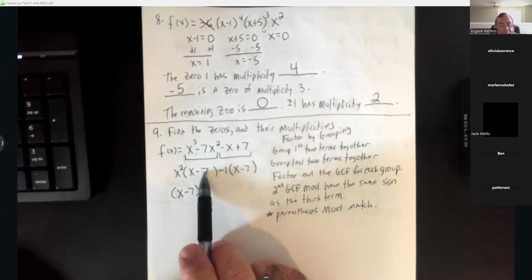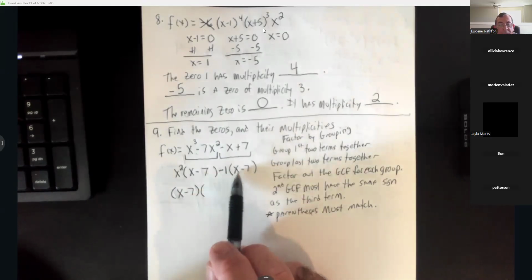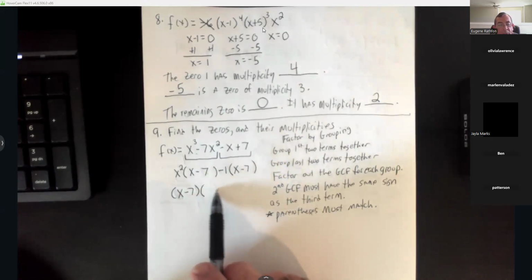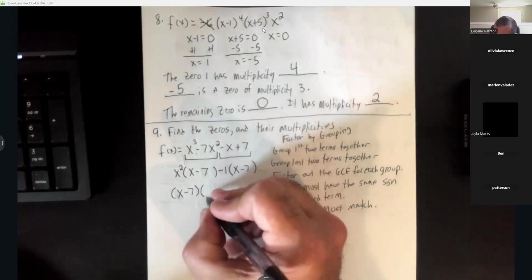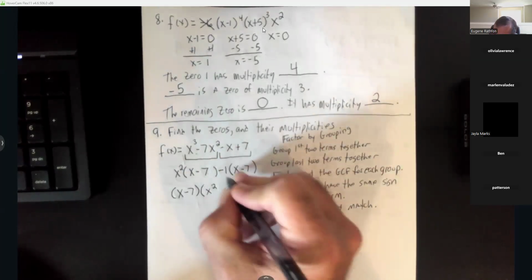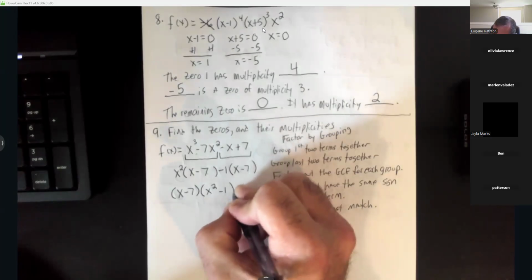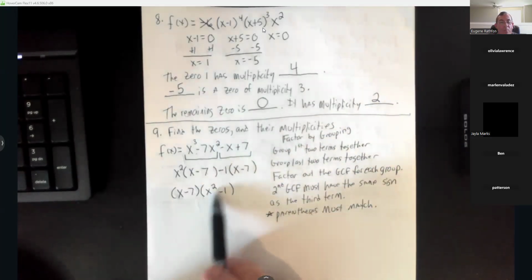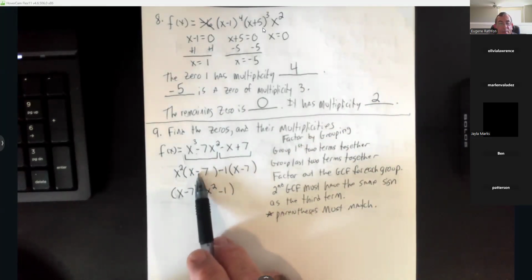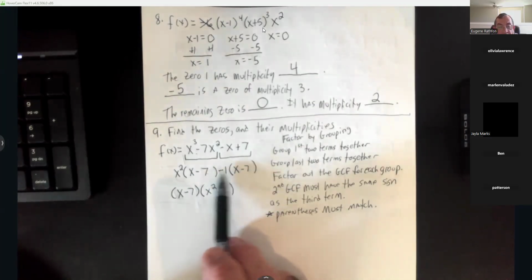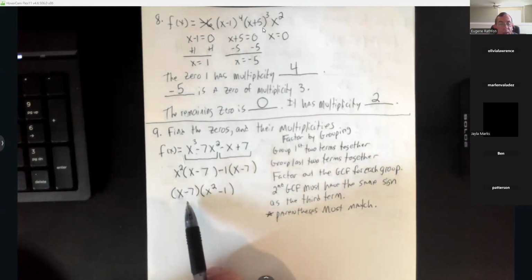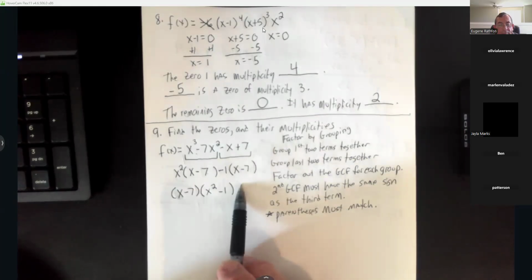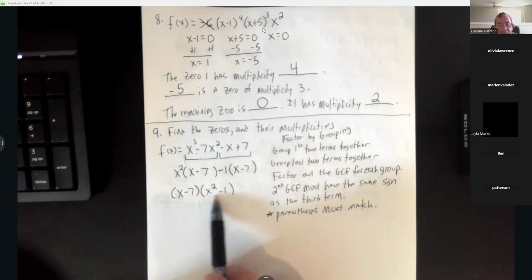If I take out the x minus 7 here and the x minus 7 here, what's left for my parentheses is going to be the x squared minus the 1. So we're just sort of rewriting this, but the x minus 7 now serves as the greatest common factor for these two terms. All right, at this point, we're done factoring.